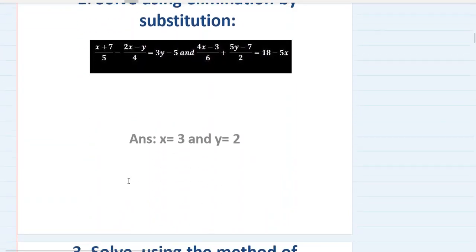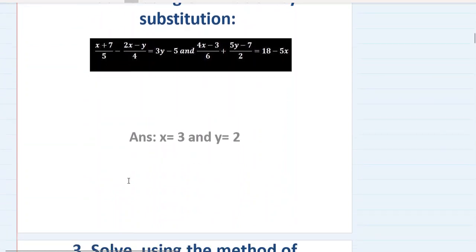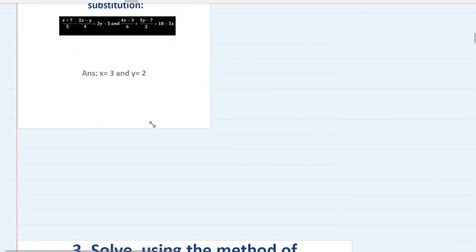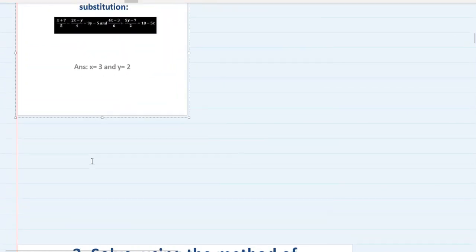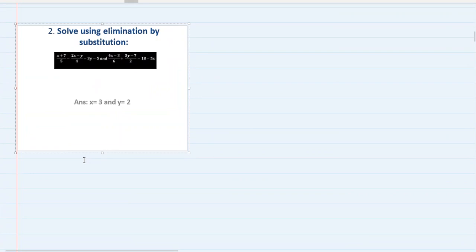Okay, one more question and we are going to make sure that this method is absolutely clear in your mind. This question is a little complicated and it will be very helpful for you to understand how to solve these kinds of complicated linear equations in two variables by using the method of elimination by substitution.